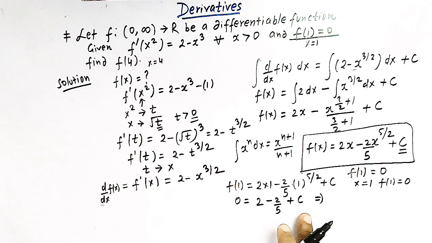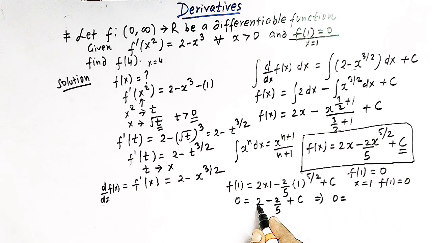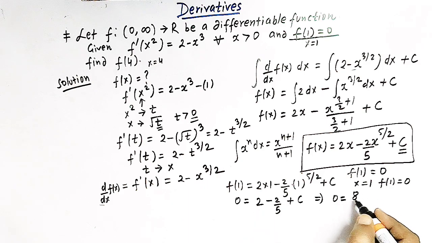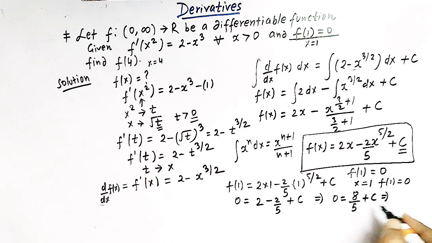So solving this equation for c, we have 0, then we have 5 times 2 is 10, 10 minus 2 is 8, so we have 8 over 5 plus c, and from here we get c is equal to minus 8 over 5, right?